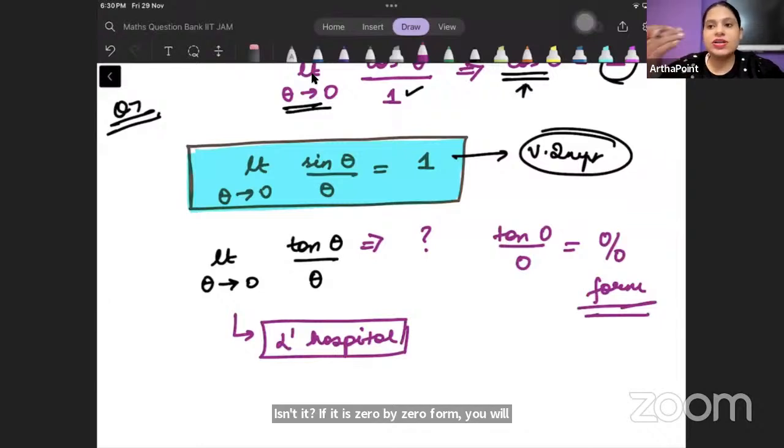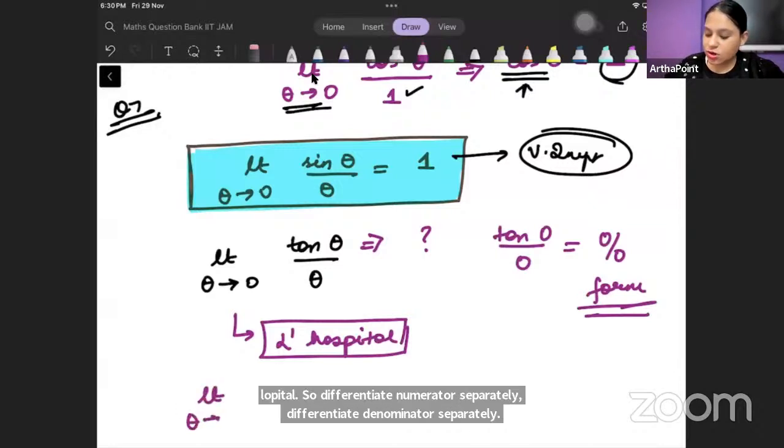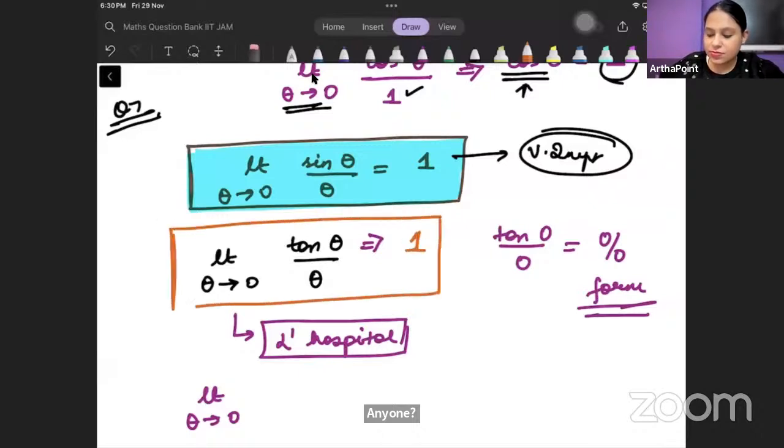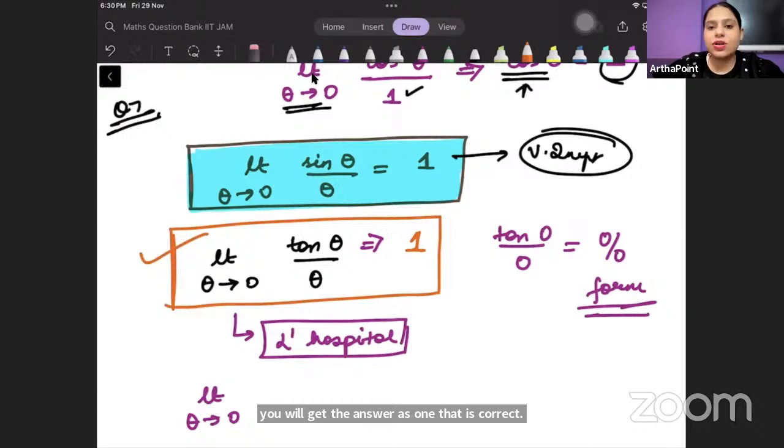If it is 0 by 0 form, you will apply L'Hopital. So differentiate numerator separately, differentiate denominator separately. So you will get what? Anyone? You will get the answer as 1. That is correct. Absolutely. You'll get the answer as 1. Right?